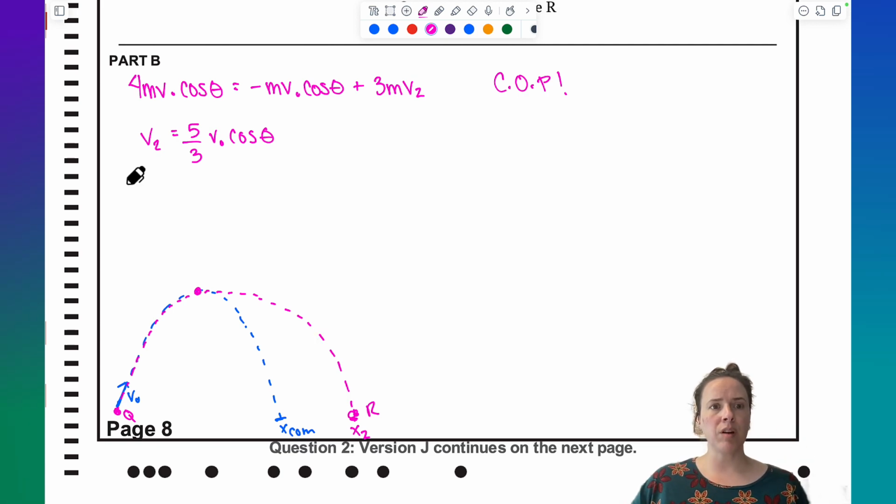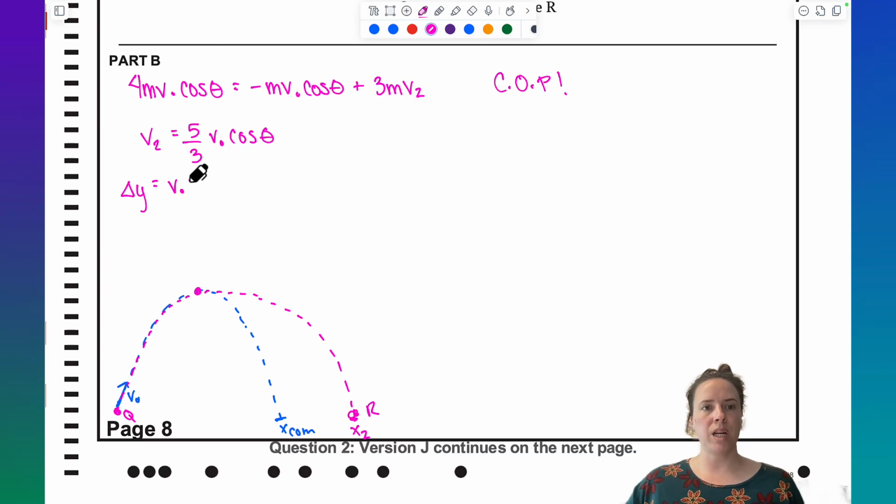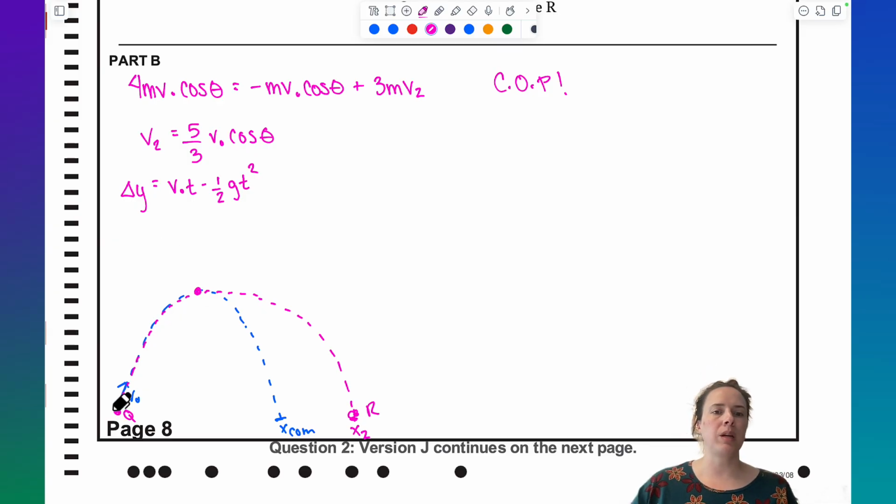So from my handy dandy projectile motion equations, we know that our vertical displacement goes like v naught t minus 1/2 gt squared. Our displacement from the beginning to the end is going to be 0. So that vertical displacement is 0.